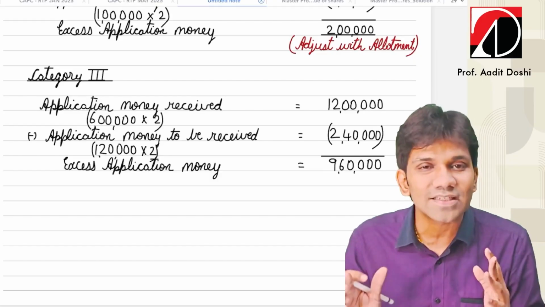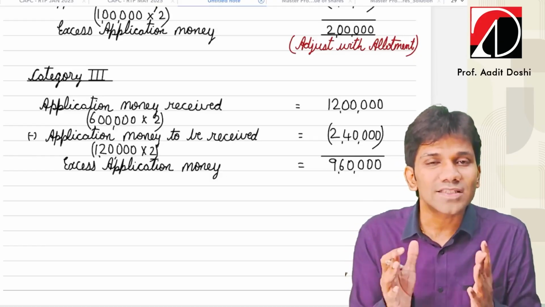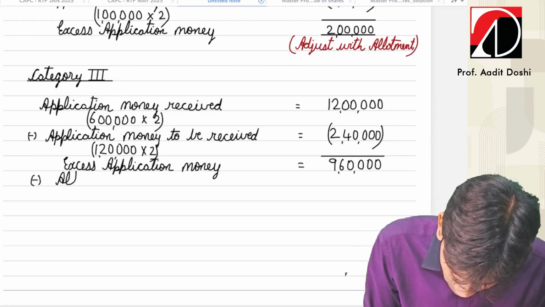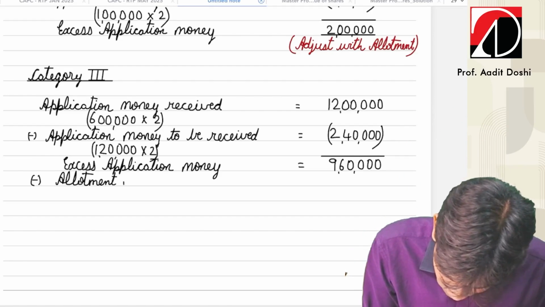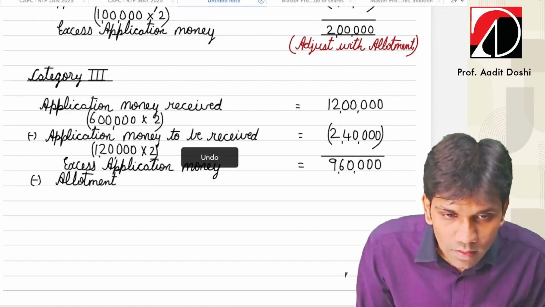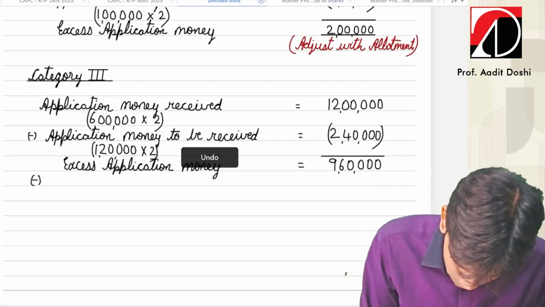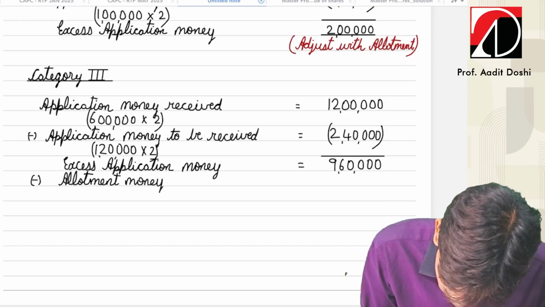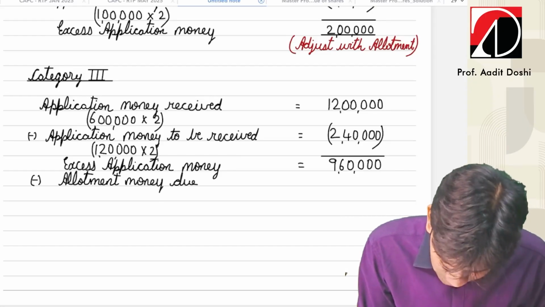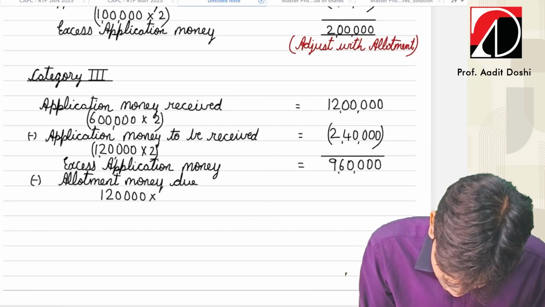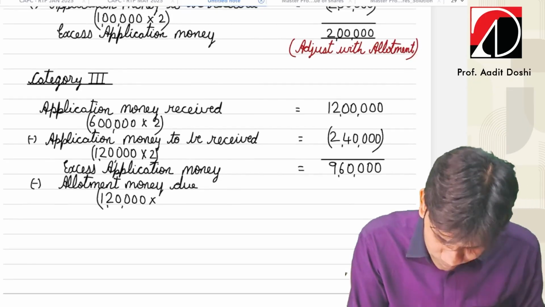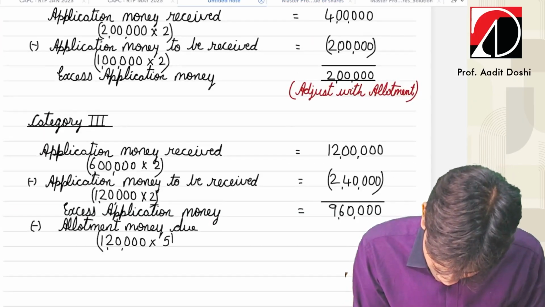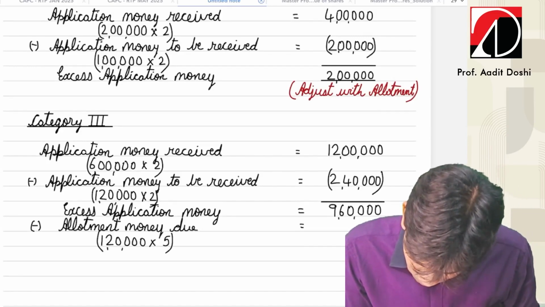In this case, it was decided that whatever extra money I have collected, whatever I am eligible to collect on allotment, the company will keep. That means 9,60,000 is extra money with me, and out of it, whatever is due on allotment, the company is going to adjust. Less allotment money due: how many shares were allotted? 1,20,000 into allotment money of rupees 5 per share. This comes to 6 lakh.